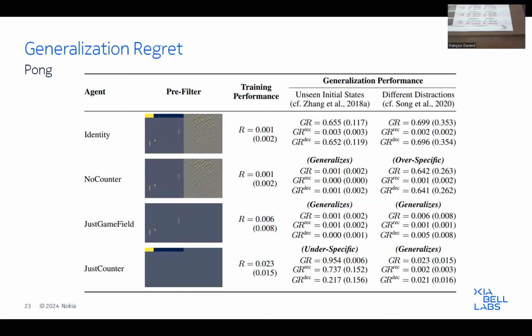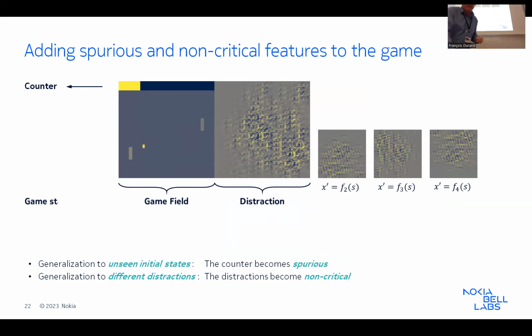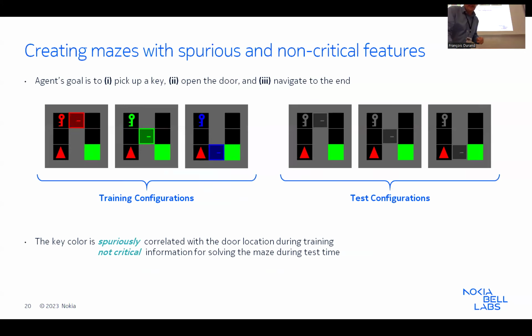Even if we remove the counter but change the distractions, we're still over-specific because we can look too much at what this random noise is, not at what the game is. But if we just look at the game field or just look at the counter, then it generalizes in those cases. So that's basically it.